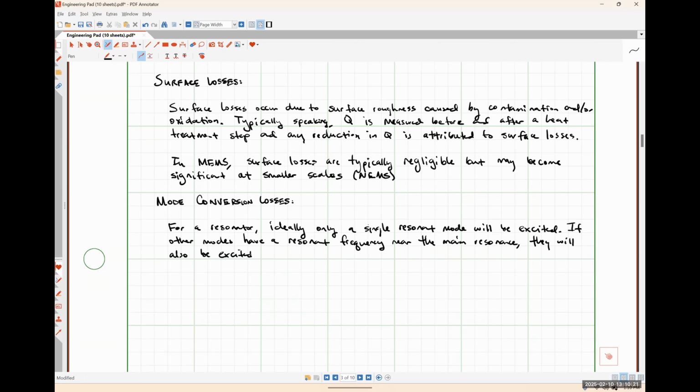So if we think of something like a resonator that was based on a cantilever beam like structure, essentially we would want to make sure that it could only easily bend in one particular direction, right? So if the width of the beam and the thickness of the beam are of comparable dimensions, then the beam can easily deflect both up and down and left to right, and that might be problematic, right?